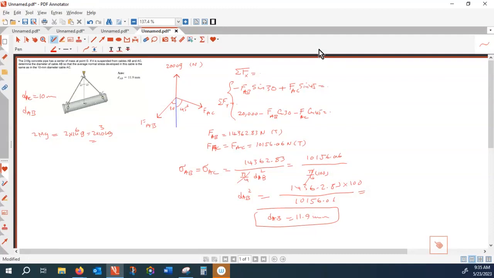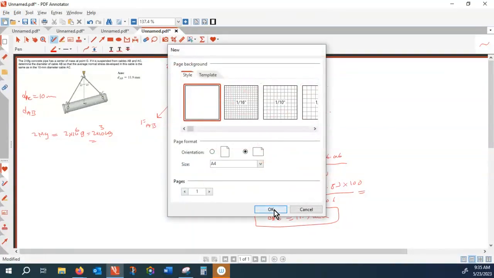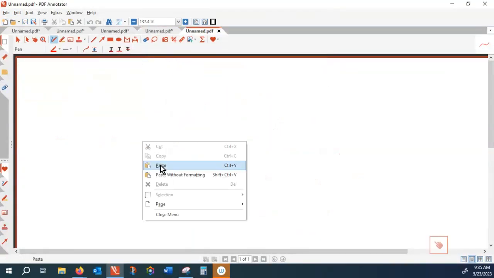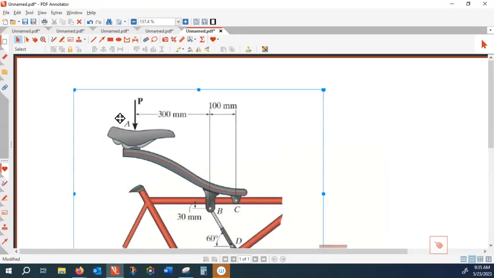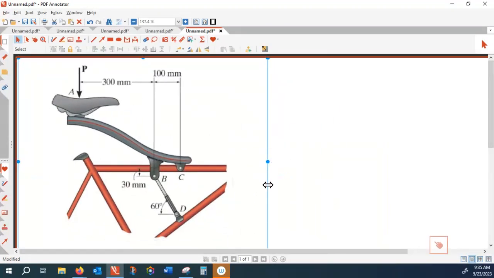All right. So the next problem is a designer has proposed a new design for a bike seat.